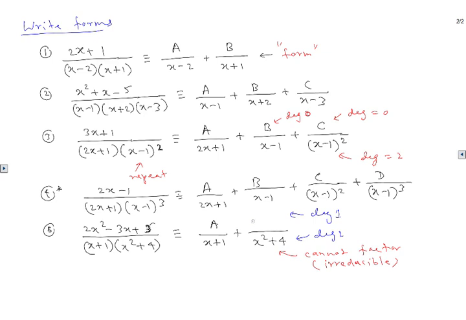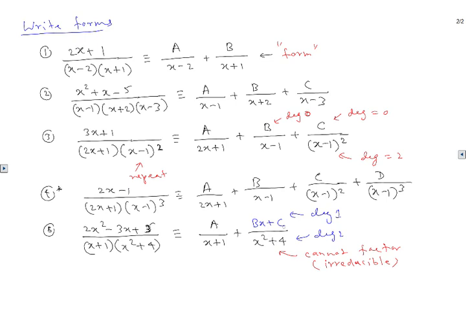That means it's bx plus c, and we need to find b and c in this case. That's a special situation. If you have an irreducible quadratic, the numerator has to be degree 1. Those are all the types that we have.